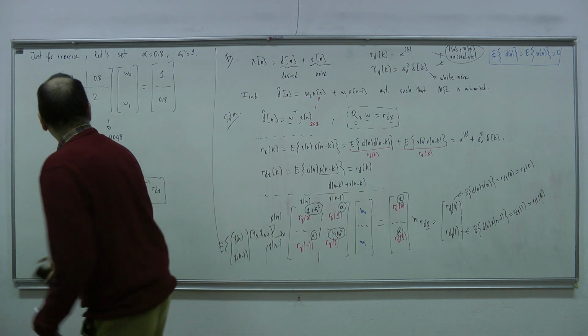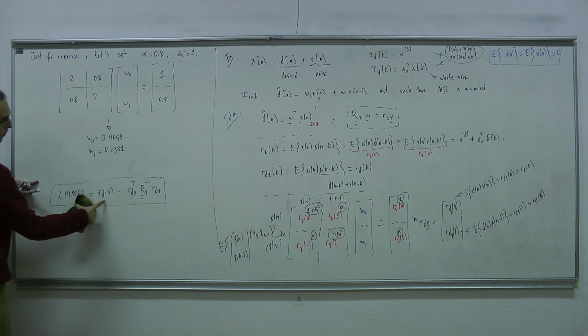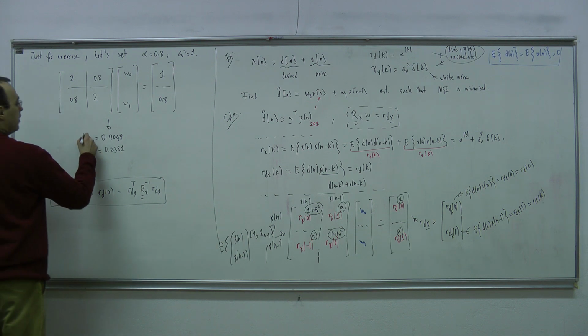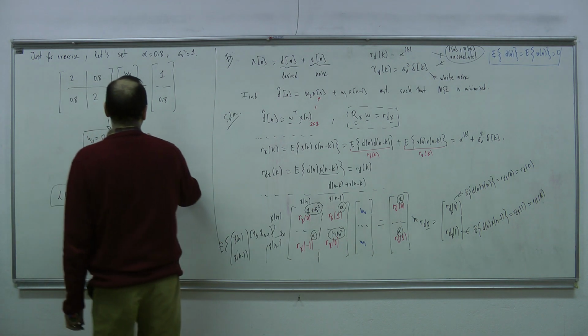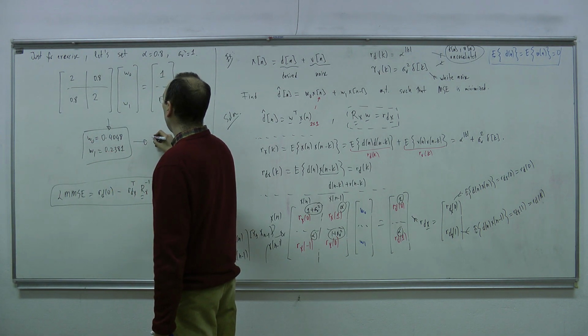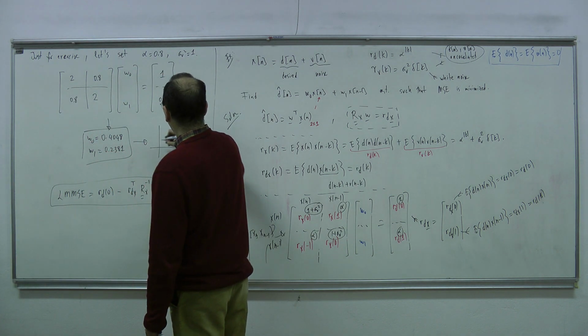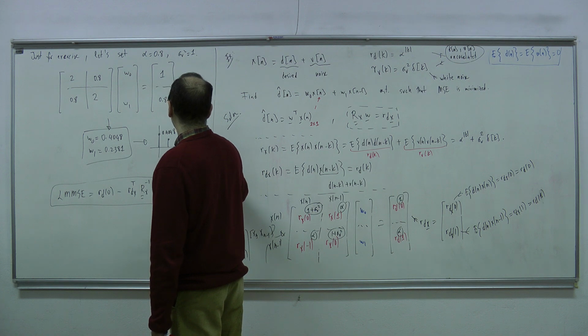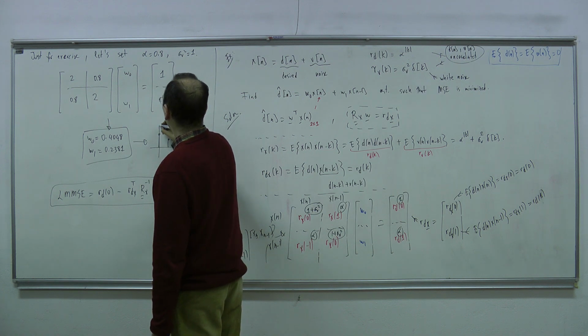Okay, so let's calculate the linear MMSE error. We are done. So I can right now define this filter as a two-tap filter, 0.4048 and 0.2381.